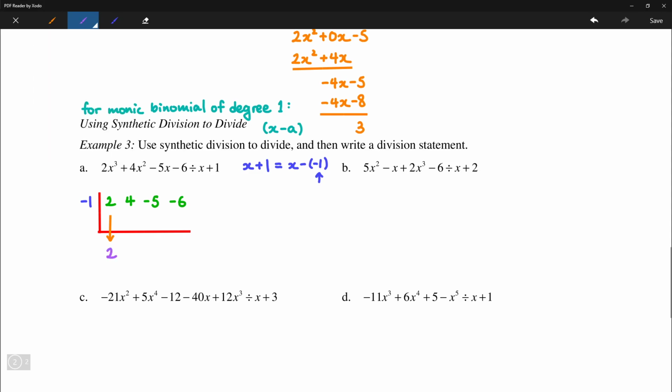And then what we'll do is take 2 and multiply by the negative 1 that is on the left-hand side of the bar. 2 times negative 1 gives us negative 2. Okay. And so 4 plus, notice it's not minus, 4 plus negative 2 gives us 2.